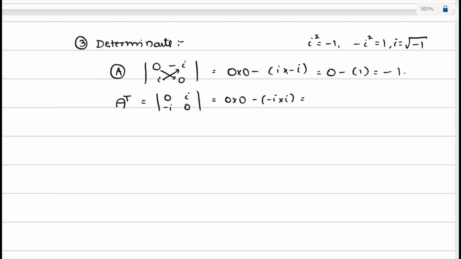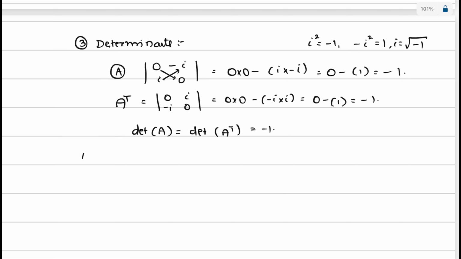That is equal to minus i square, which is 1, so 0 minus 1, that is equal to minus 1. That means for this matrix, determinant of A is equal to determinant of A transpose is equal to minus 1. The numerical value is unity.